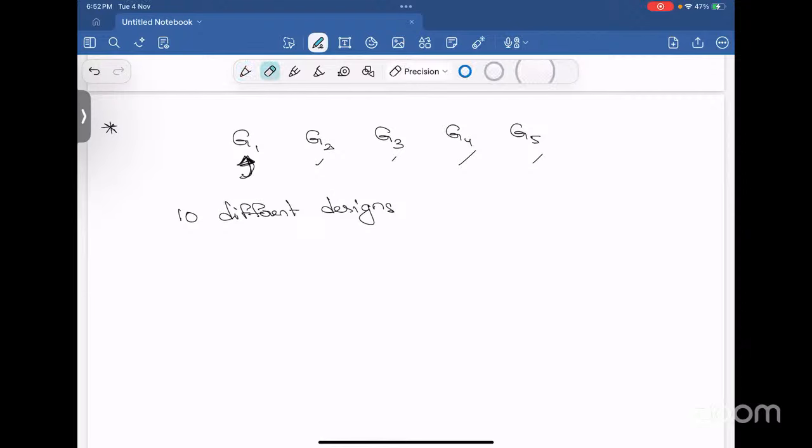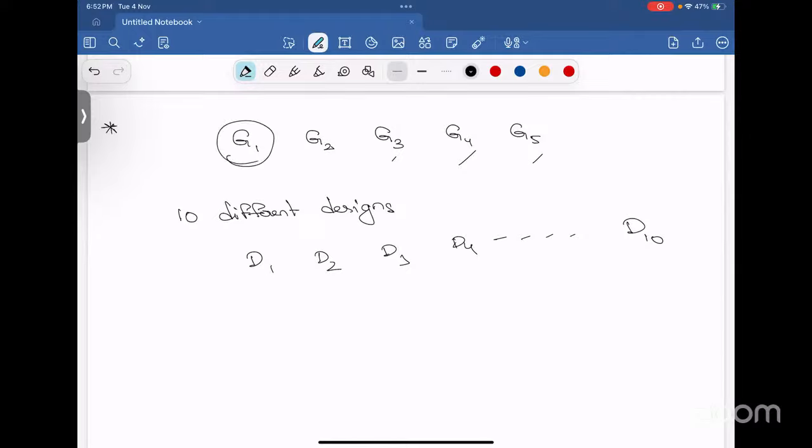So it is basically 10 different designs: D1, D2, D3, D4 till D10. G1 can be wrapped with any of the 10 different designs. So G1 has 10 different possibilities.